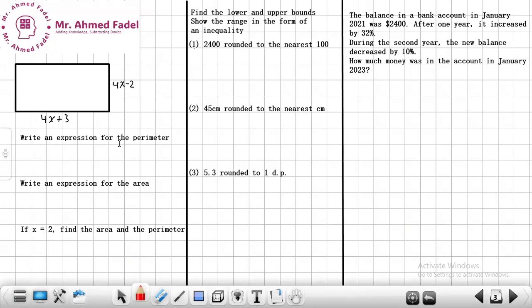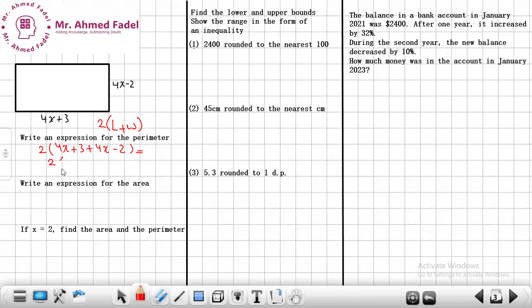All right, here, they wanted to write an expression for the perimeter. Mister, perimeter is length plus width, but doubled, because I got length and length, width and width. So I'm going to add the length and the width and times by 2. So 2 multiplied by 4x plus 3 plus 4x minus 2. 4x plus 4x is 8x.